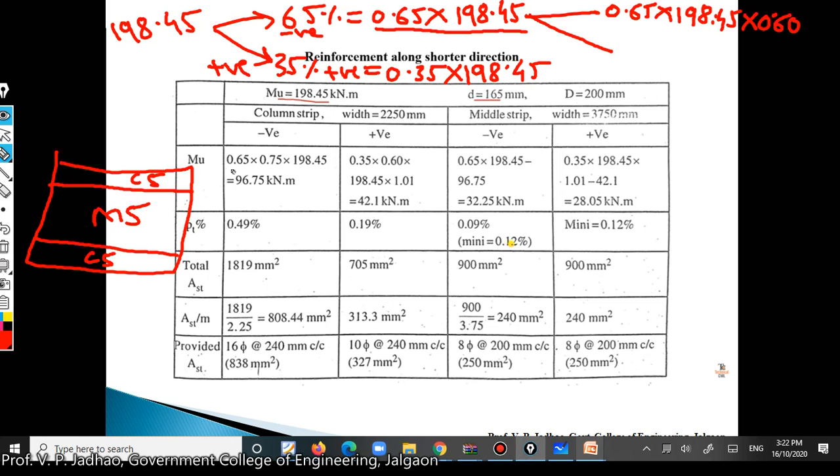Similar thing is written here. Sorry, just a minute.